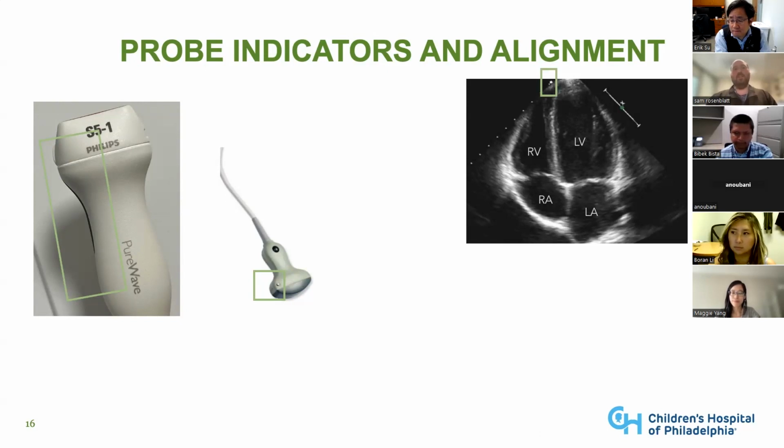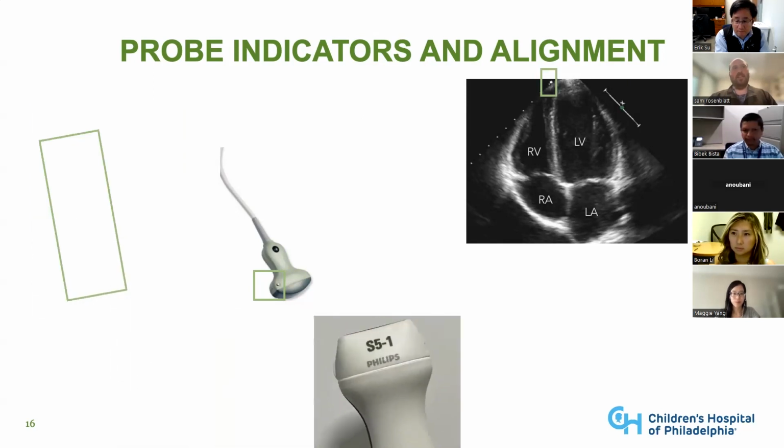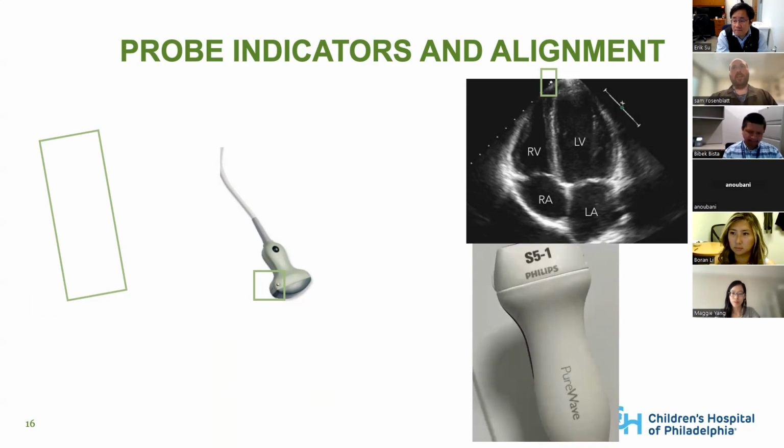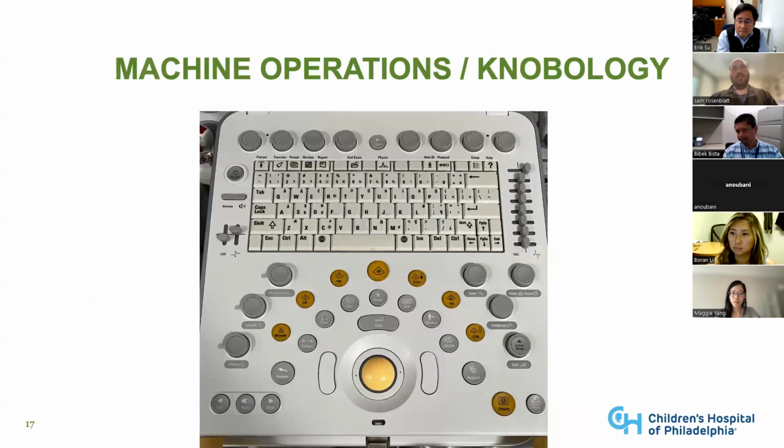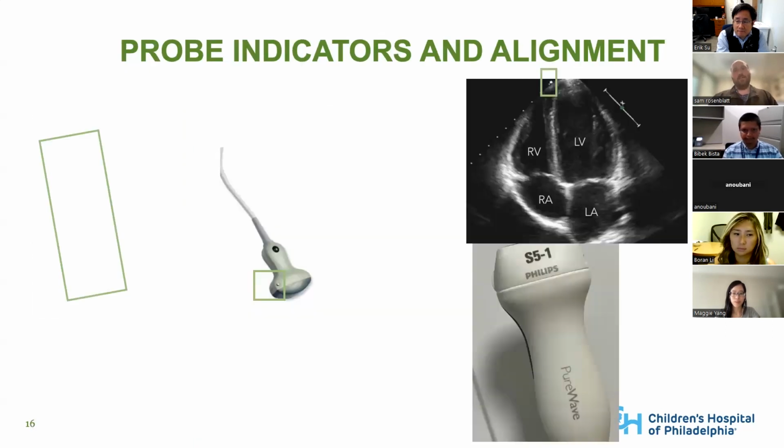The important thing to know is where it is on your probe and where it is on your screen, and you should line them up so that if your indicator is on the left on your screen, the indicator should be on the left when you're using the probe. That way, as you move left, your image will go left, and as you move right, it will go right, and not left.